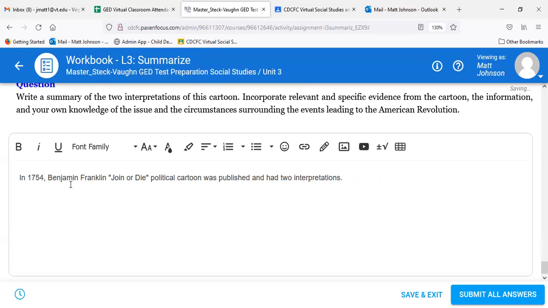Okay, in its first appearance, the cartoon symbolized the American colonies uniting to help Britain win against France over land disputes.